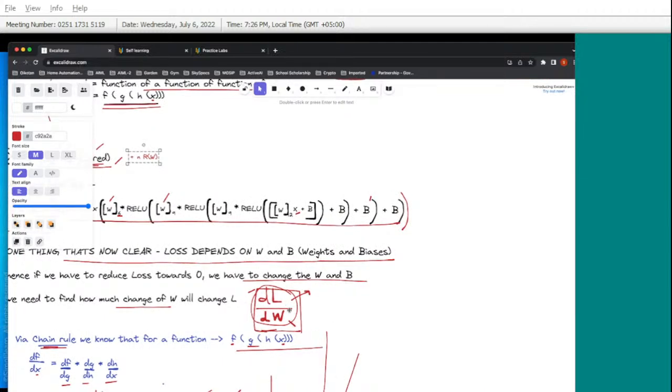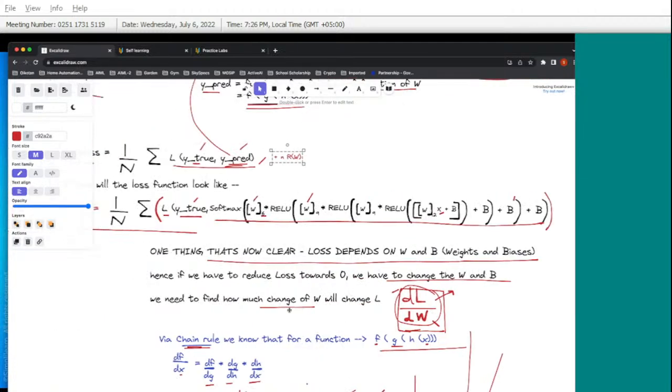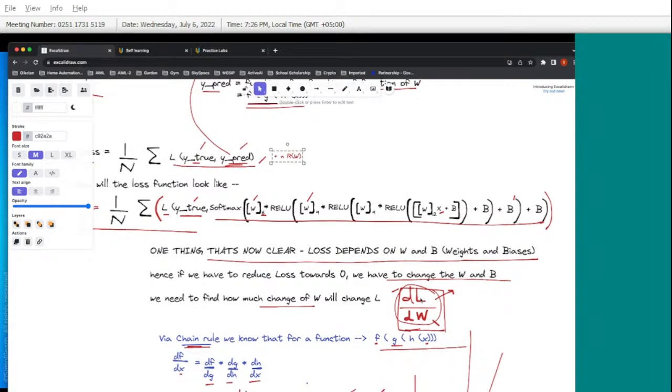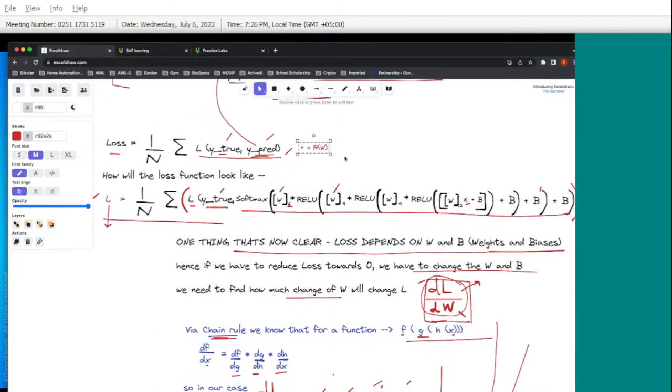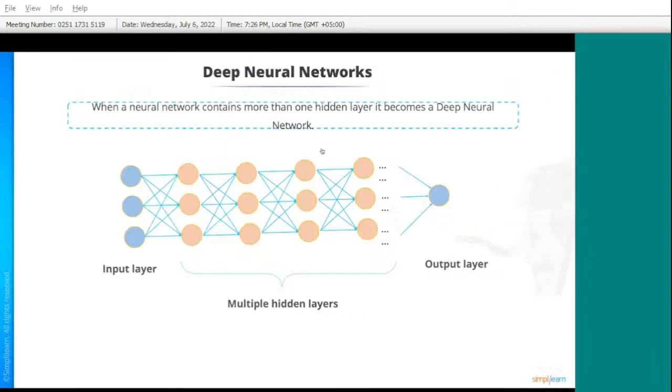So dL by dW will also involve the partial derivative of your regularization function, because the fundamental reason for doing regularization is ensuring that the model doesn't overfit. That is one of the reasons you have to regularize.